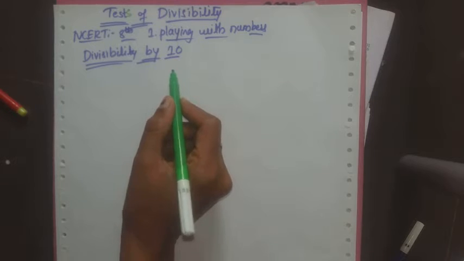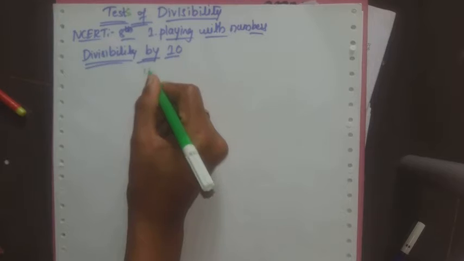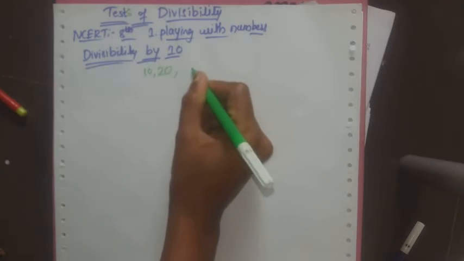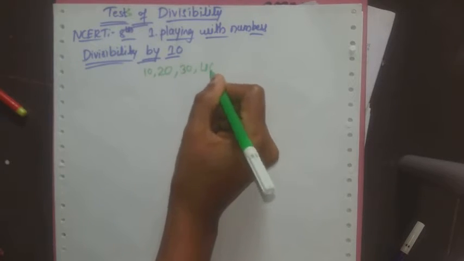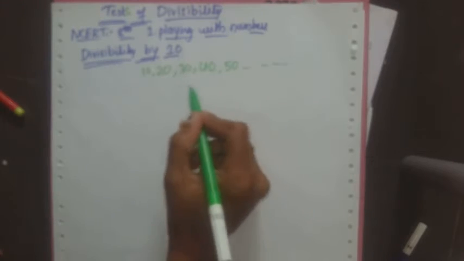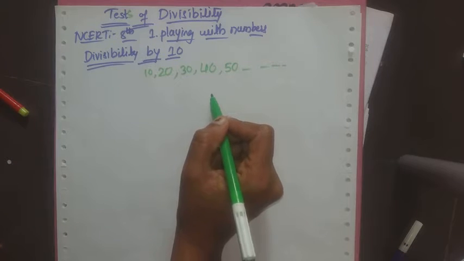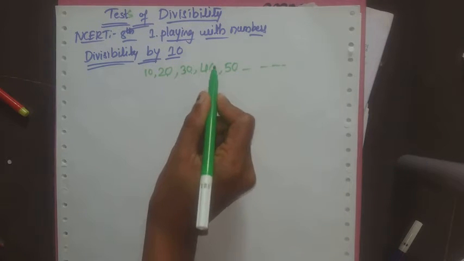Let us see the multiples of 10: 10, 20, 30, 40, 50, and so on. By looking at these examples, we see that the ones digit is always 0.